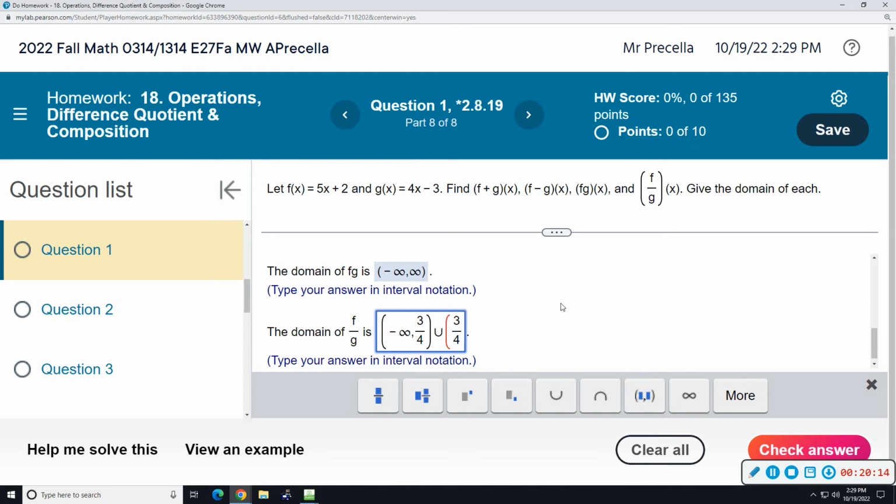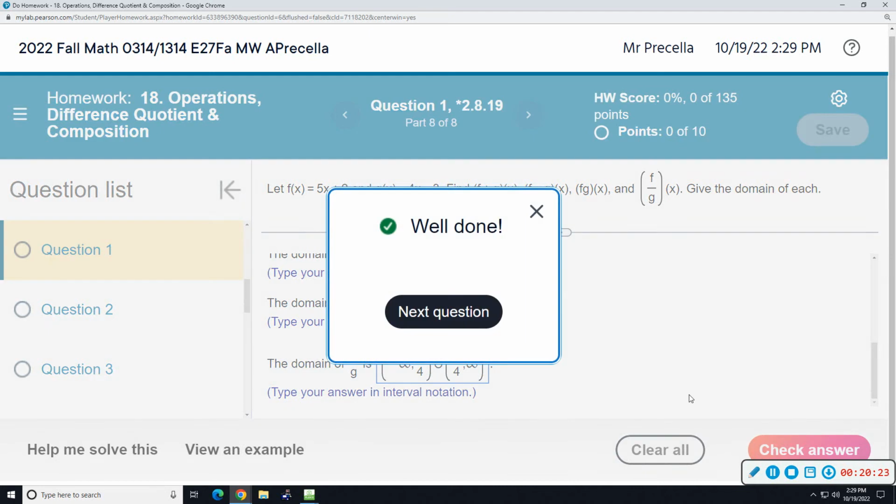Get out of the denominator before you type your comma, infinity, right parenthesis. Any questions there? Okay. So, operations, the four basic operations: addition, subtraction, multiplication, and division.